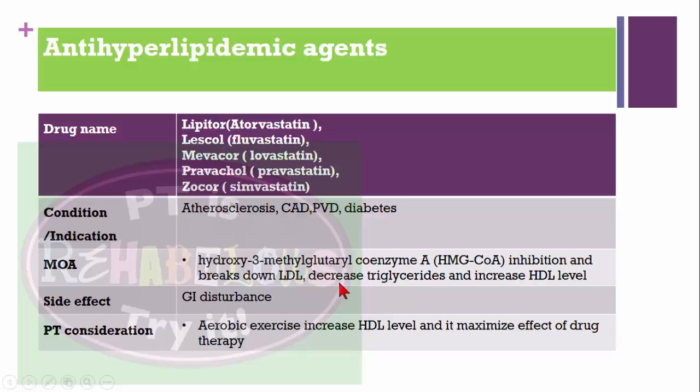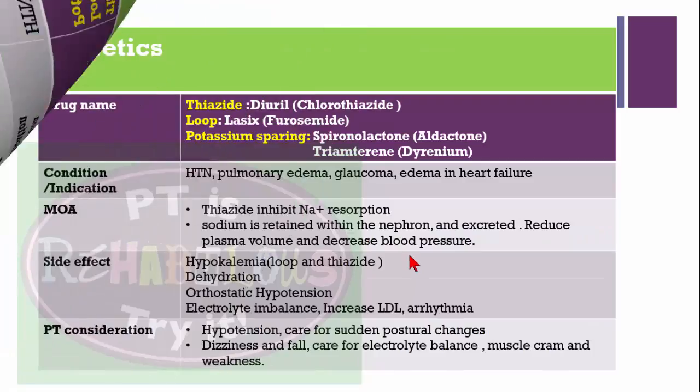It also decreases triglycerides and increases high density lipoprotein level. The main side effects are GI disturbances, nausea, vomiting, etc. As a physical therapist, we should take care of these patients. If they are doing aerobic exercise, that increases HDL level and maximizes the drug effect for therapy.